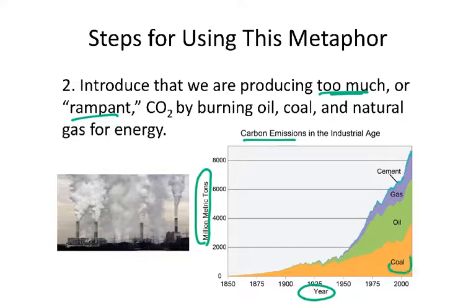We can see that coal, oil, and gas are showing the largest surface area here, which means they're contributing the most to carbon emissions in this industrial age. So you're first acknowledging that yes, some carbon dioxide is normal, but then you're introducing that rampant part where it's out of control. We have too much, and that's because we're burning these fossil fuels for energy.